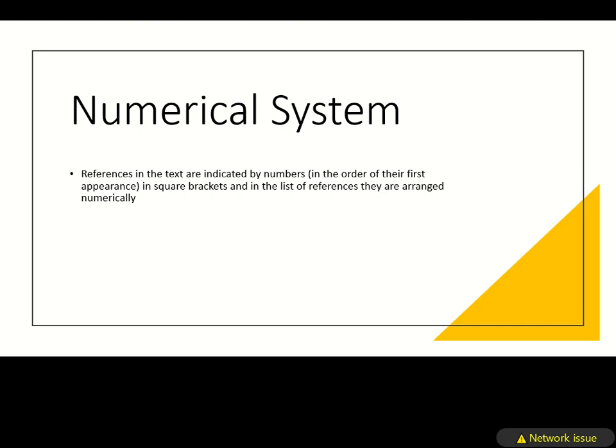Normally it is in square brackets, but I have seen people who put the reference number as a superscript, number 1 here, number 2 here, like this. This is also a style which some organizations or publishing houses follow, instead of square brackets.